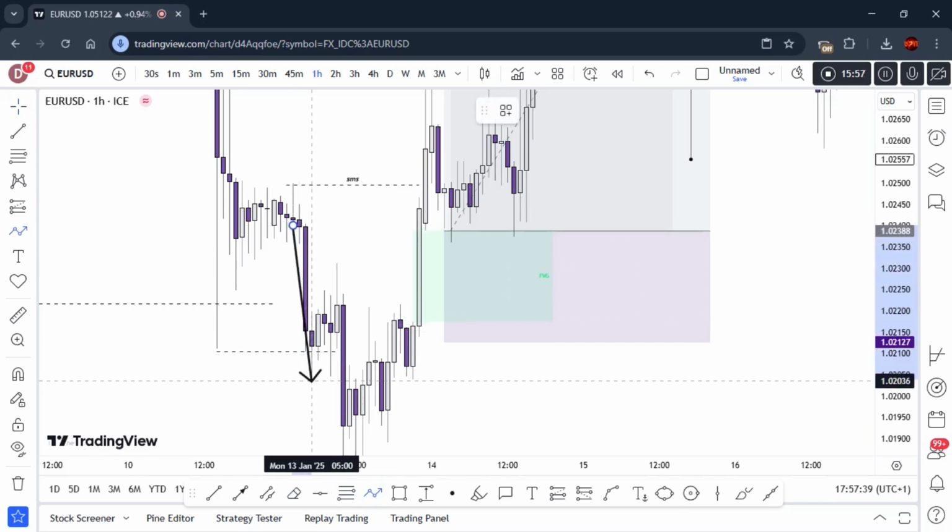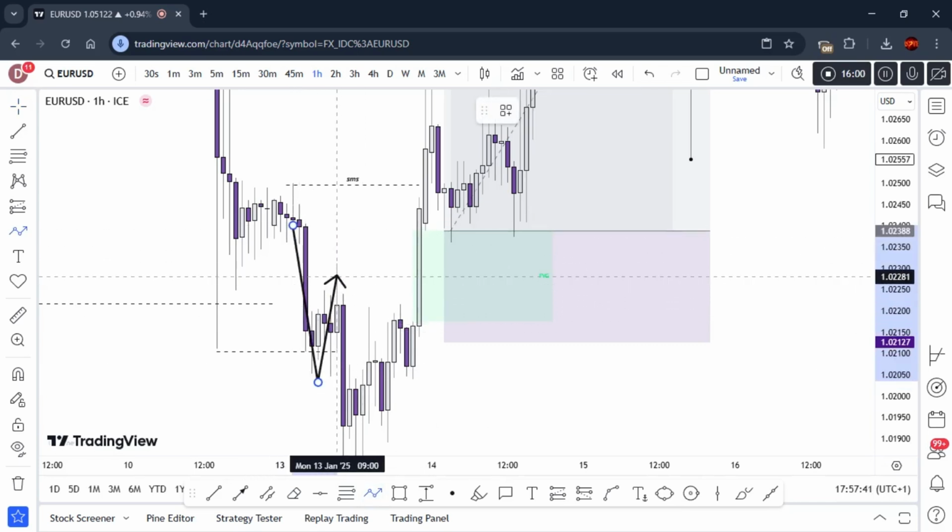Notice that we had this little pullback. Those little pullbacks that are not worthy to be called a swing structure or an internal structure, those are your fractal structures. I don't know how to put it. Those structures that are little, that are not worthy to be like your normal structure, they tend to be the fractal structure.